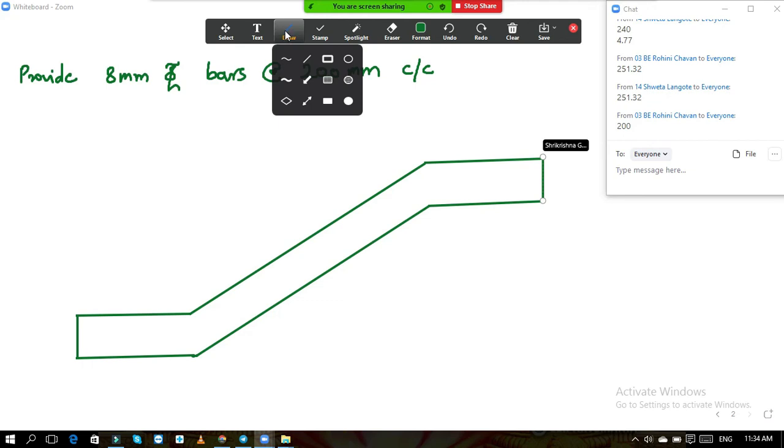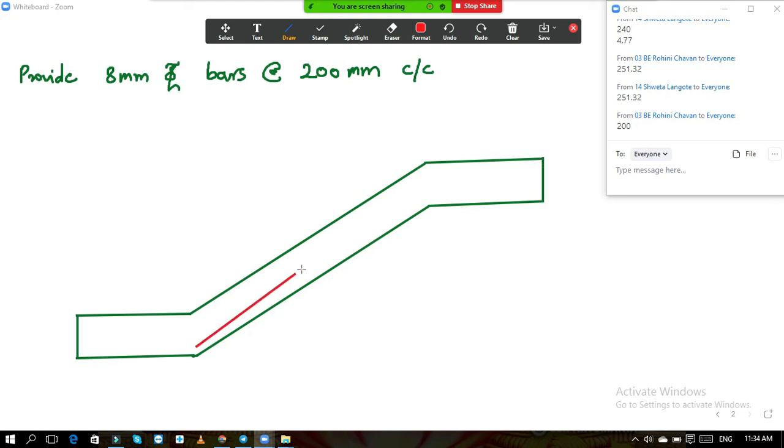Now we will draw the reinforcement details. First our main steel bar. Our main bar will move in this direction up to somewhere here.